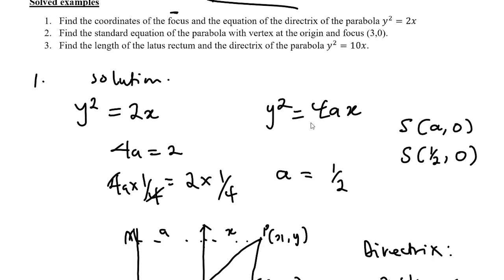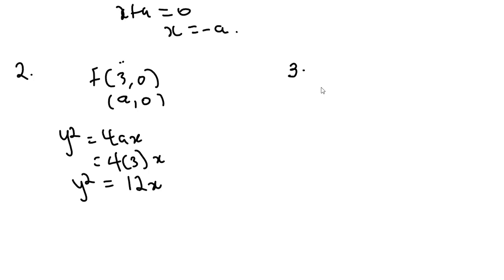The focal length, which is parallel to the directrix, is called the focal width, or the latus rectum. And we have to find the length of the latus rectum and the directrix of the parabola y squared equals 10x.